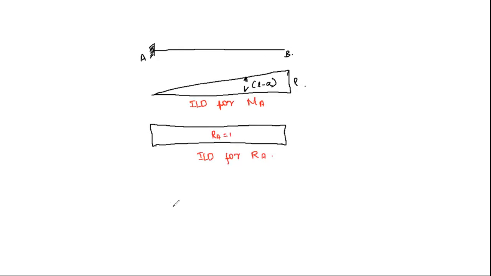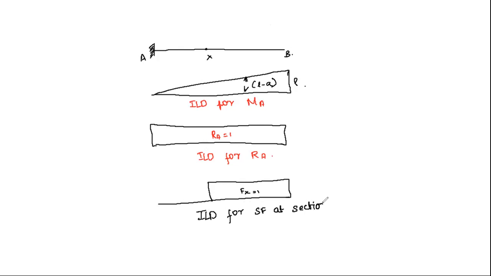Next, we are considering a section, and the shear force diagram will have a value from that section, that is Fx equal to 1. So this is the ILD for shear force at a section.